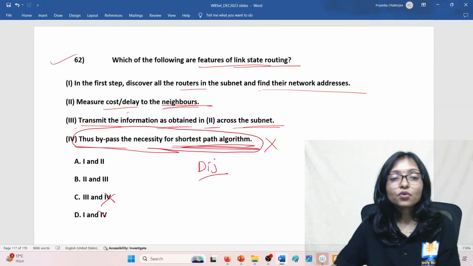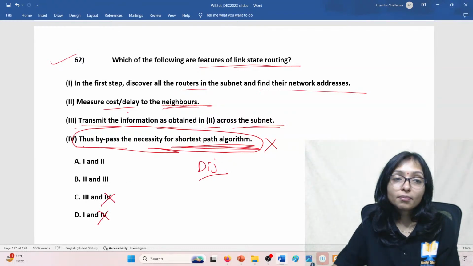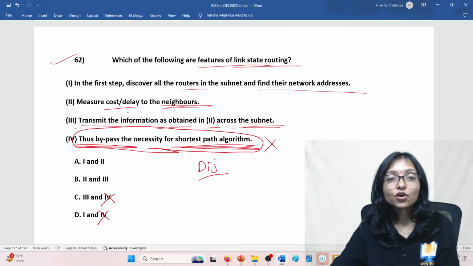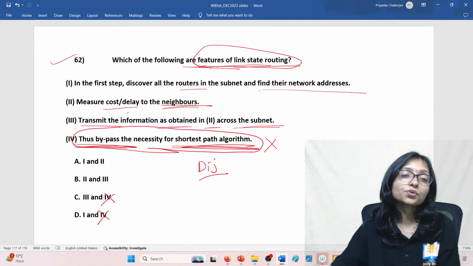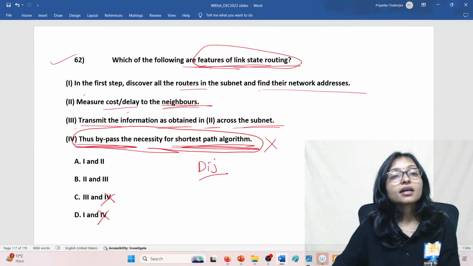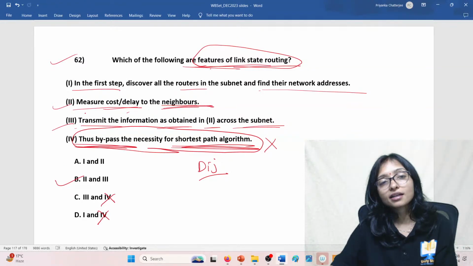That's why option 4 is wrong. It says bypass, and it is asking which one is the correct feature, so option 4 is wrong. Here step by step discovering, and it is the cost and delay of the neighbor. That's why we are going to choose option B, that is 2 and 3. 2 and 3 is the correct answer.